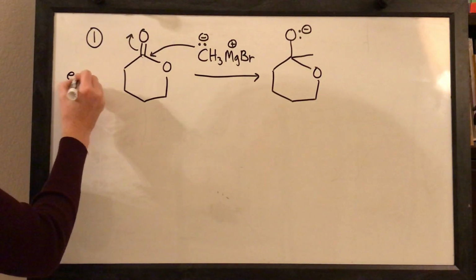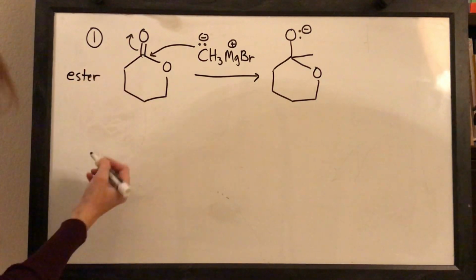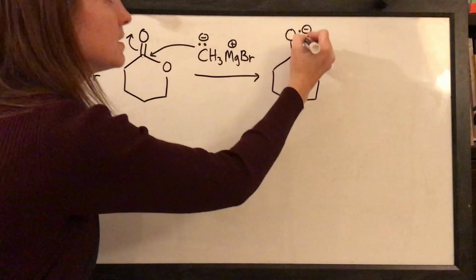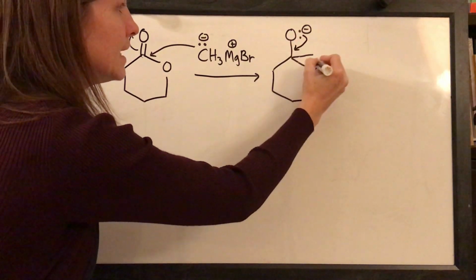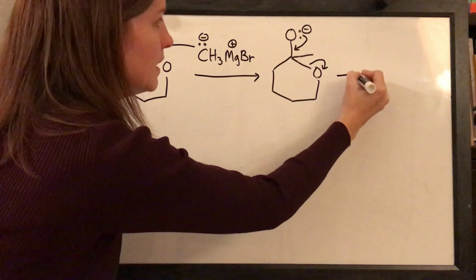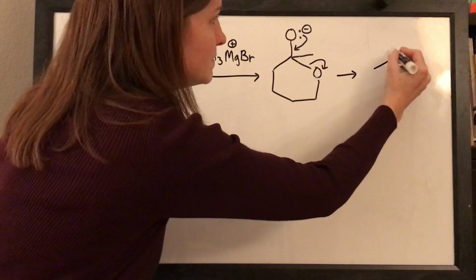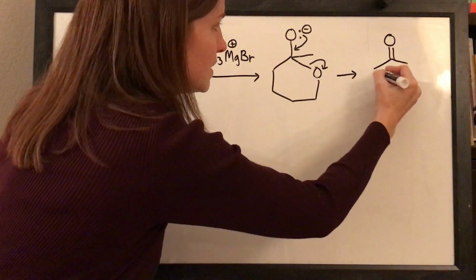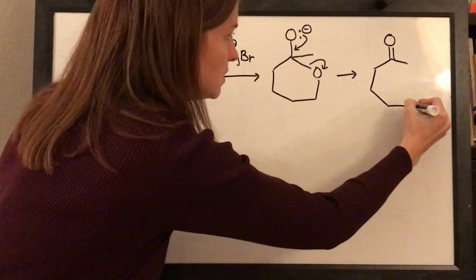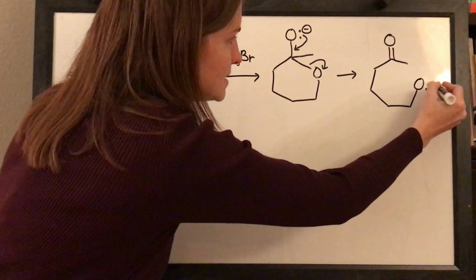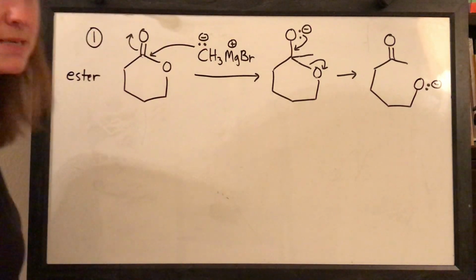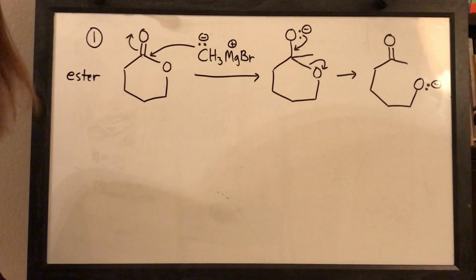But remember that this is an ester, and as we just reviewed, this is a good leaving group. So the carbonyl is going to reform, and it's going to kick out that leaving group. And so the next step in my mechanism is that I actually have a ketone, and then I have an O dot dot minus, and this guy is just going to hang around. It's going to have a magnesium counter ion, but nothing's going to happen to it until the end when we add water.